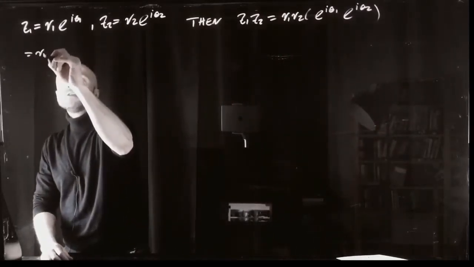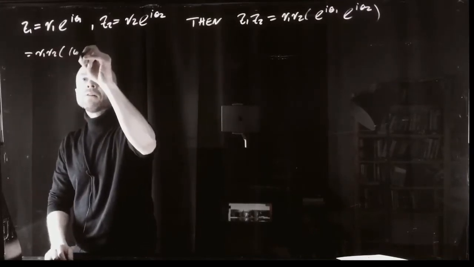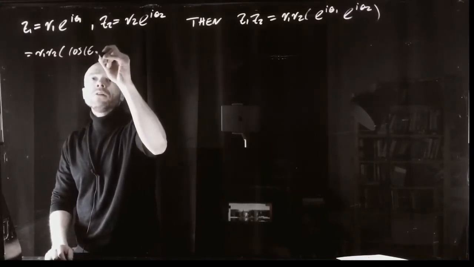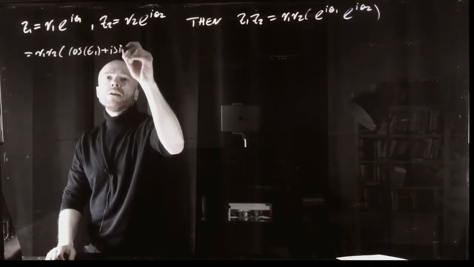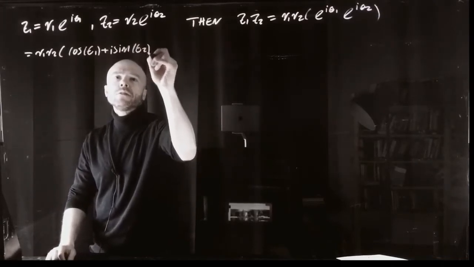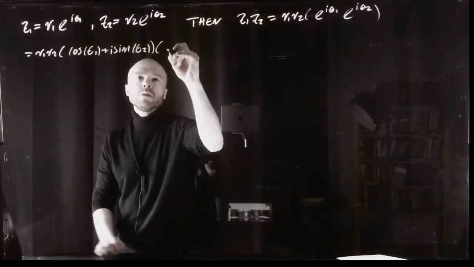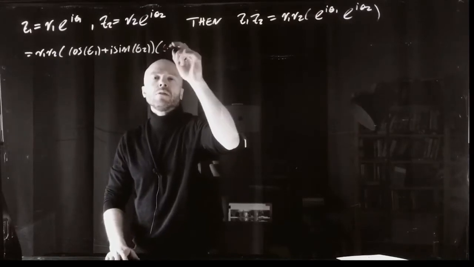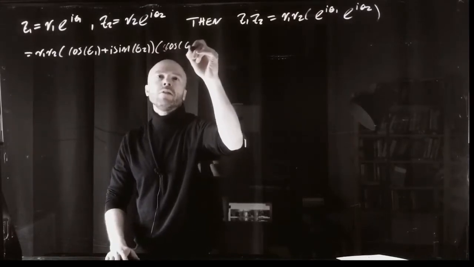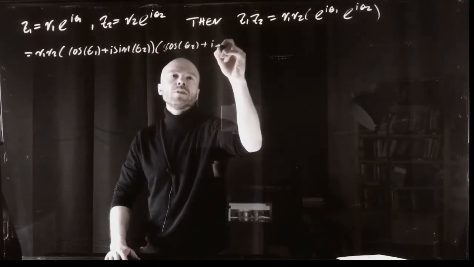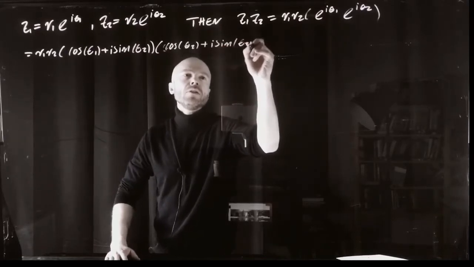Then this thing is r1 r2. Let's write it out: cosine of theta 1 plus i sine of theta 1, times cosine of theta 2 plus i sine of theta 2.